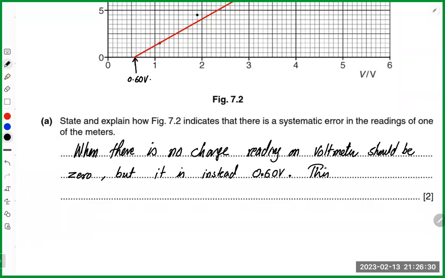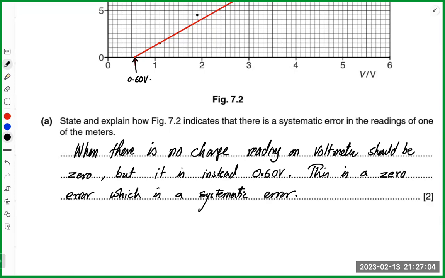This is a zero error, which is a systematic error. So he asked to explain why there is a systematic error. And I told him that because when I drew the best fit line, it was intersecting the x-axis at 0.6 volt.